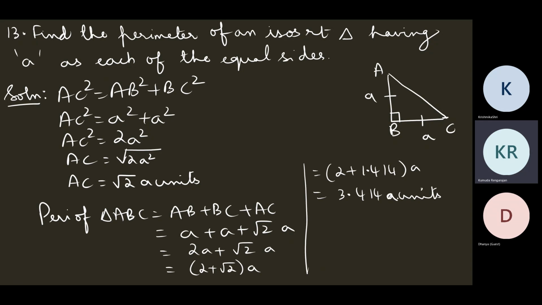You can use the value of root 2, 1.414. You can do it here also. 2A plus root 2 is 1.414 A. So 2A plus 1.414 A is 3.414 A units.